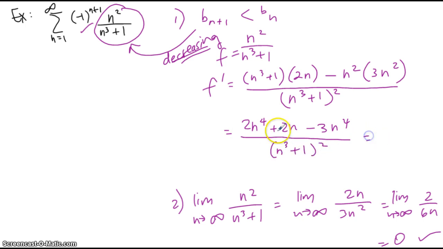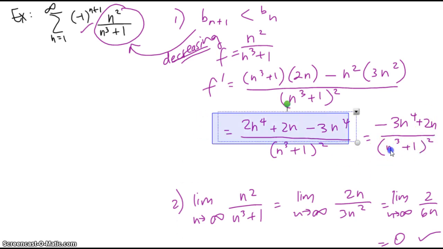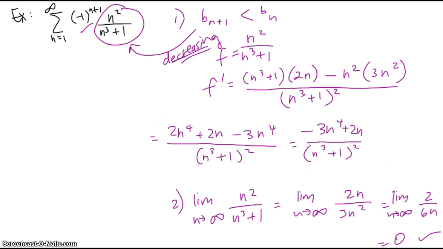So let's take a look at the numerator here. This looks like I have a negative 3n to the 4th plus 2n over n cubed plus 1 squared. Now taking a look at this, this shows that as n increases, this will always be negative.